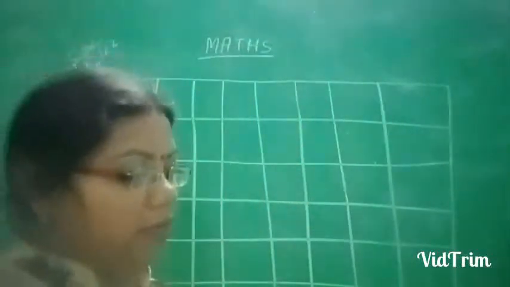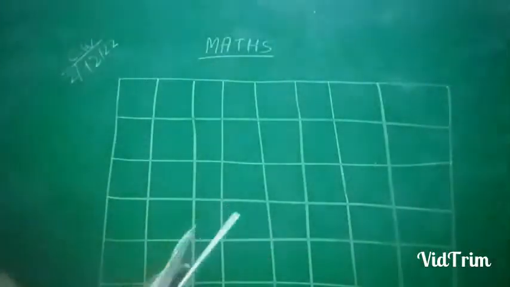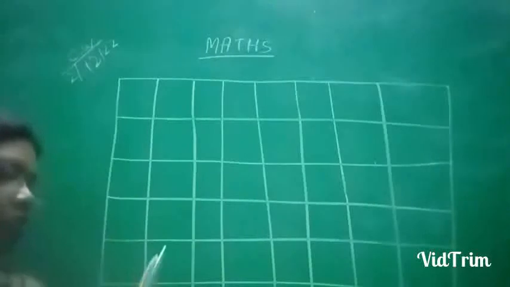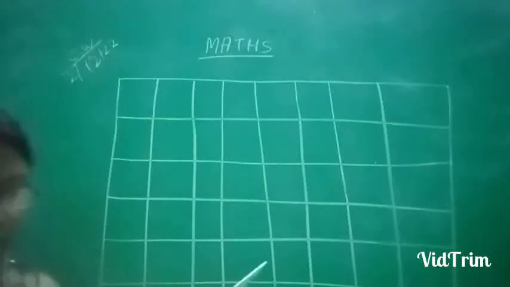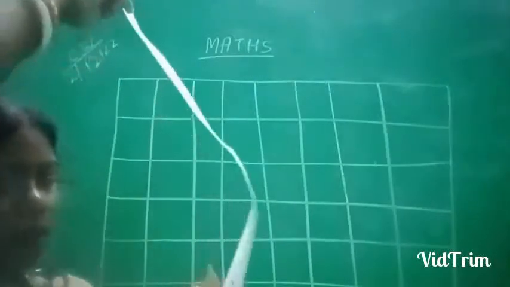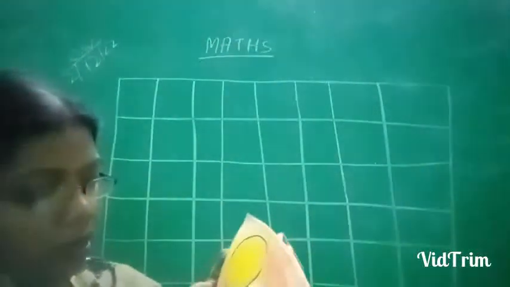See this one, it is 1, 2 written and it is going up. When we are going up, it is forward; coming down, it's backward. Now we will count the numbers backward, after all gone up.